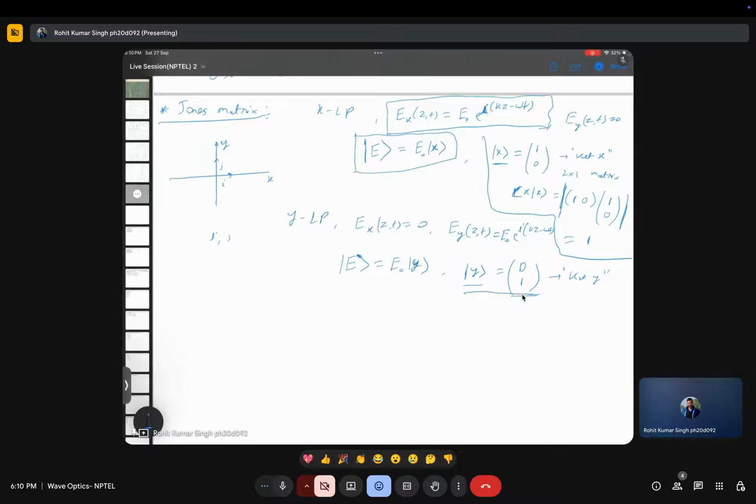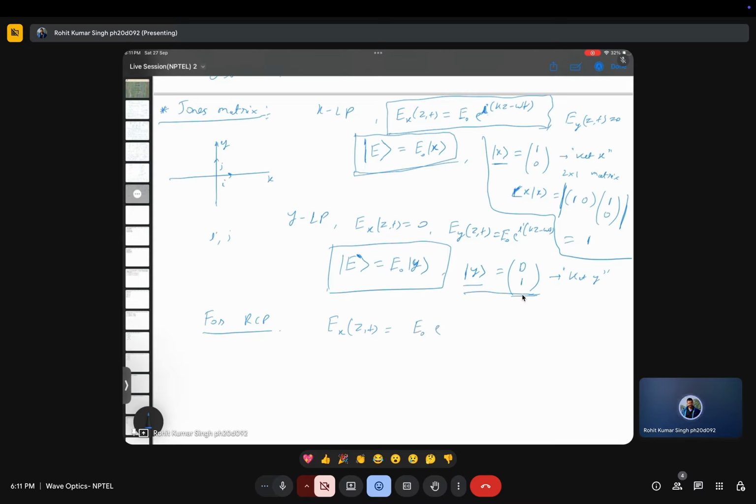now you have the linearly polarized wave in y direction, and then you have the linearly polarized wave in x direction. Now we can represent similarly a circularly polarized wave. Now how to do that? Suppose right circularly polarized wave, what do we have? The expression from earlier.